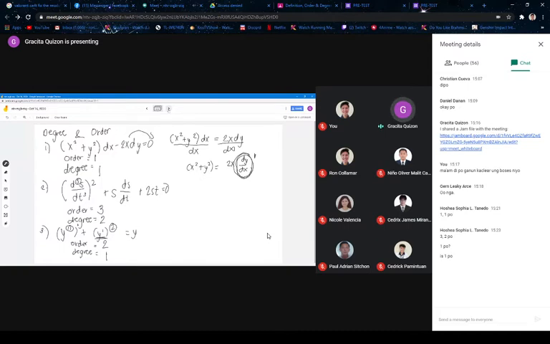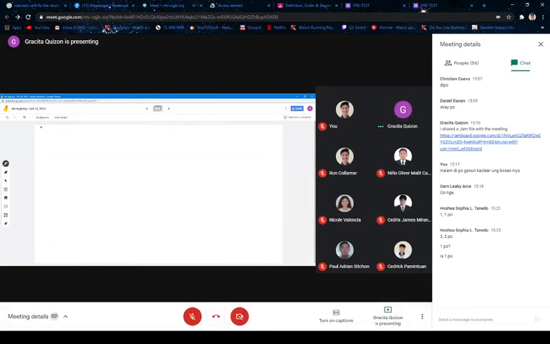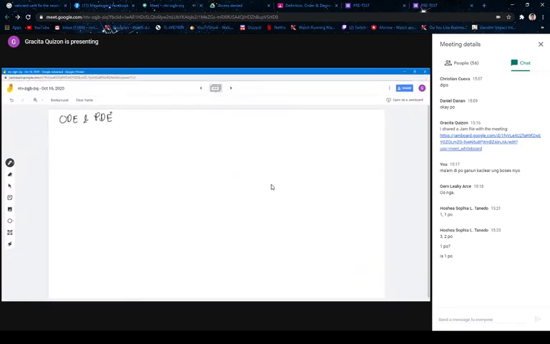So, next naman is yung types of differential equation. So, meron tayong ODE and PDE. ODE or yung ordinary and yung PDE is partial differential equation.